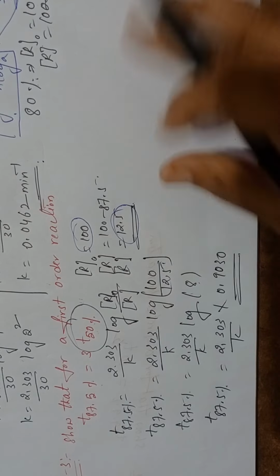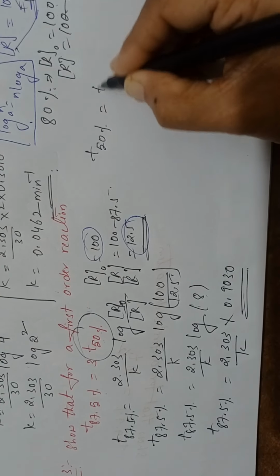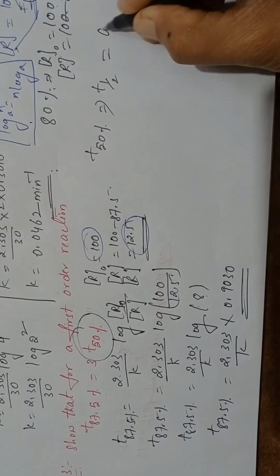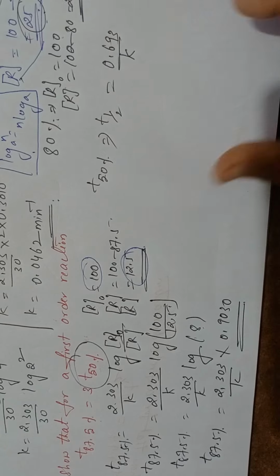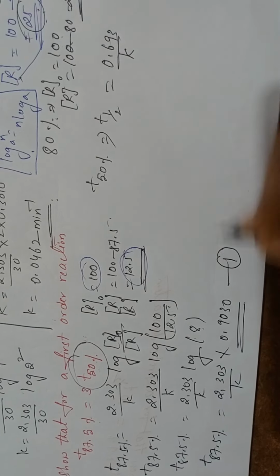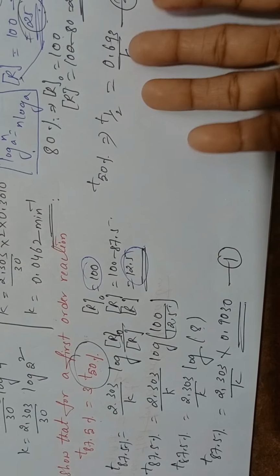What about T 50%? T 50% we can write as T half. Correct? For first order reaction the formula is 0.693 by K. This is equation number 1, and this is equation number 2. We have to find equation 1 by equation 2.